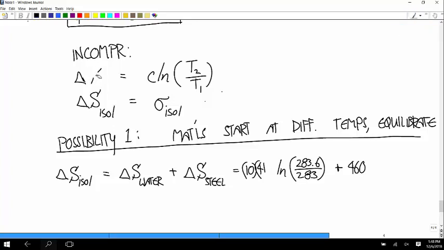Go back and change this. Be careful about this, I wrote this wrong. For an incompressible material, change in specific entropy is equal to this. And that means that the change in extrinsic entropy would be mass times specific heat times natural log of T2 over T1.